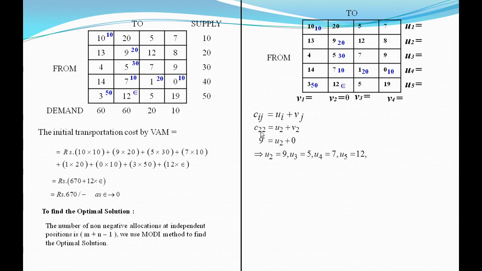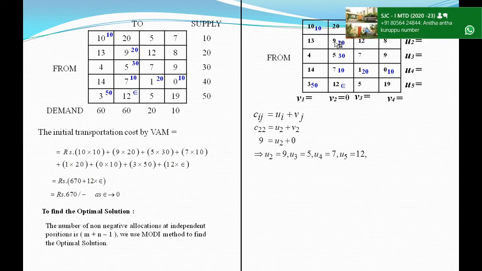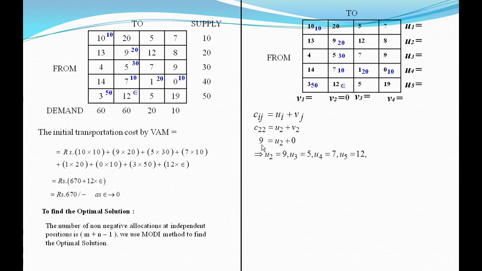Substitute that, and the cost c22 for this cell is 9. So substituting 9 here, u2 equals 9.